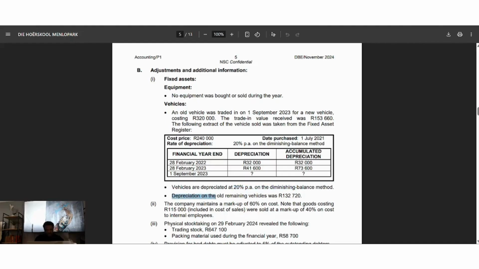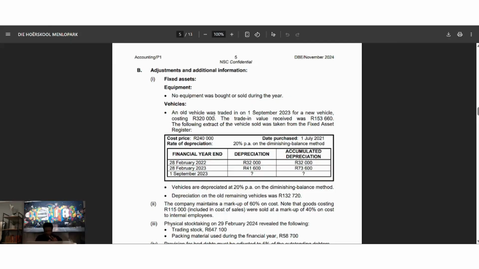And this information, as much as they gave it on the answer sheet, they also gave it in the information, so that's good. So let's take the first vehicle then. The vehicle costing 320,000 currently has no accumulated depreciation, so that's 320,000 minus 0, which is 320,000. Then we're going to multiply by 20%, and then we're going to multiply by the number of months that it was in the business.